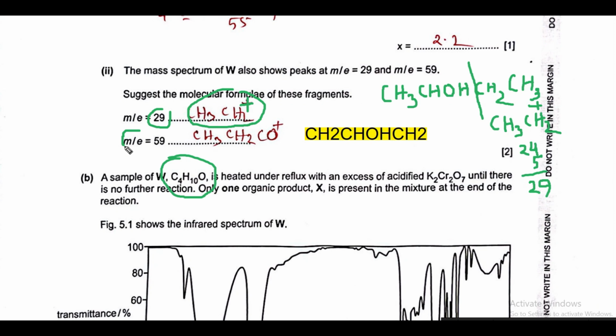Now m/e 59 will be CH3 CHOH CH2 plus. That means it breaks down here.